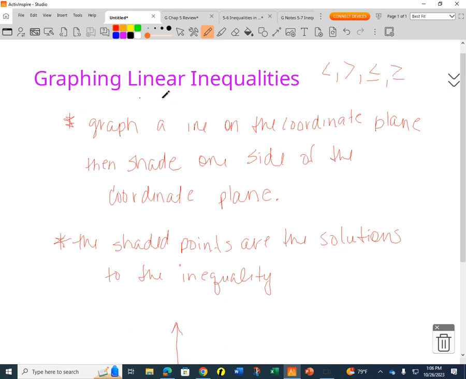So what we're talking about here looks like the equation of a line, but instead of having an equal sign, it's going to have one of these symbols. So, less than, greater than, less than or equal to, greater than or equal to.